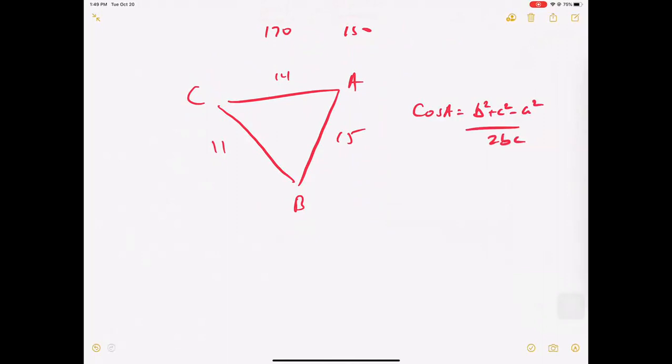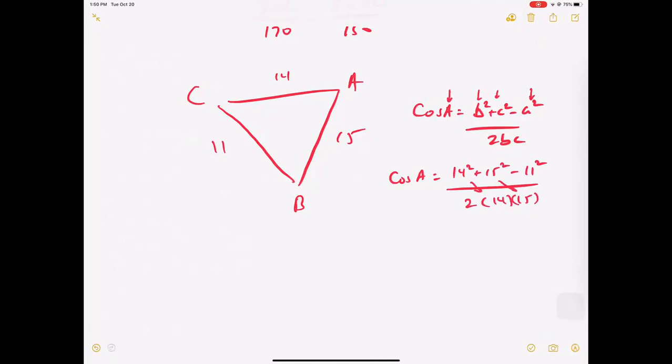Because I remember the pattern, I'm never going to forget the formula. If I'm looking at angle A, we subtract that A squared, so we add the other two sides over 2BC. So cosine of A is equal to 14 squared plus 15 squared minus 11 squared all over 2BC, which is 14 and 15. It's the literal sides I just wrote.